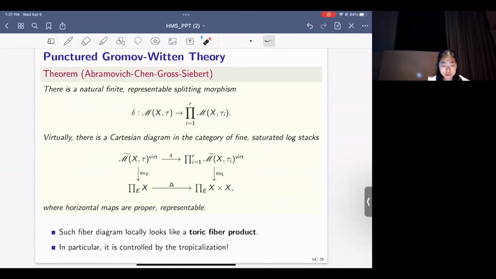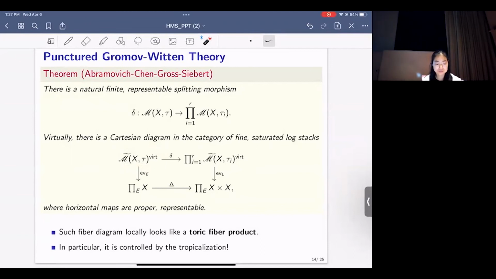With a little bit of modification of the log structure on our moduli space, we can define log evaluation maps, and we can reconstruct the virtual fundamental class of the glued space by taking a logarithmic fiber product.